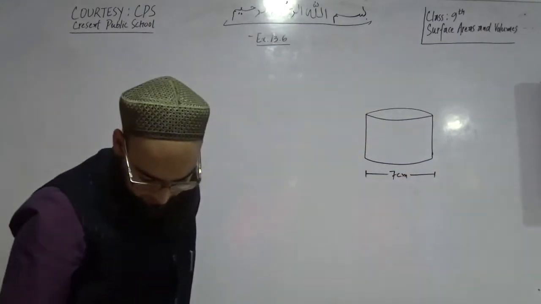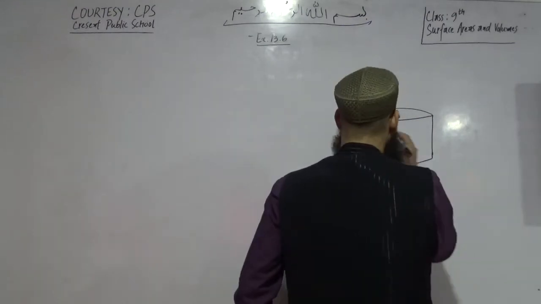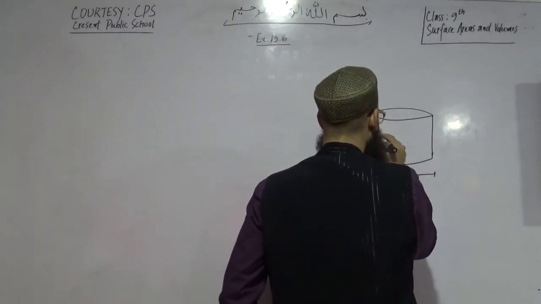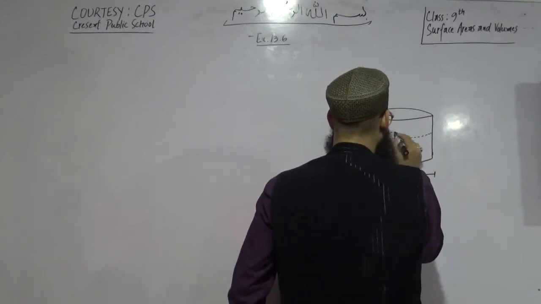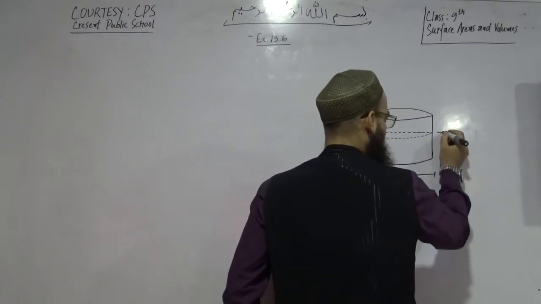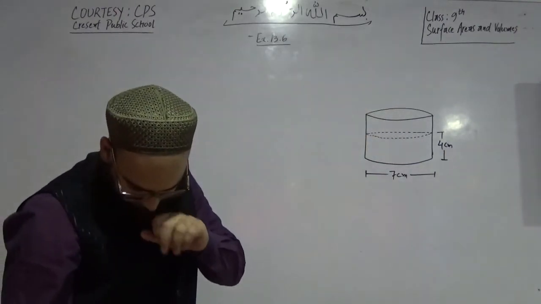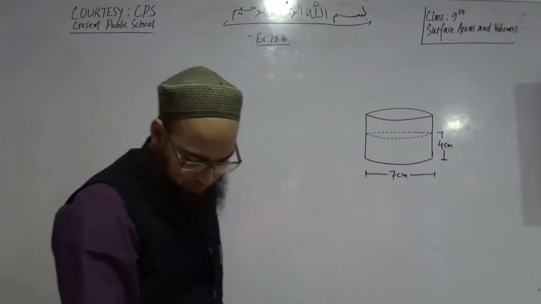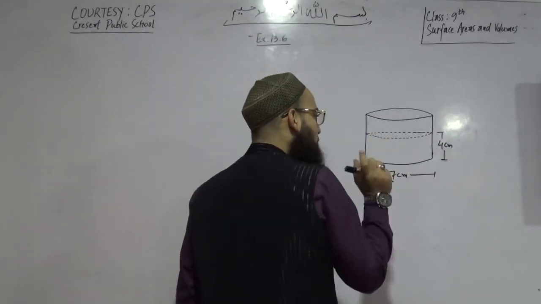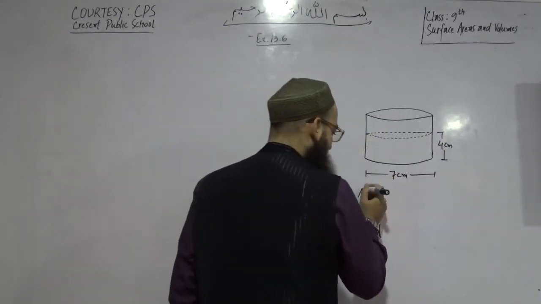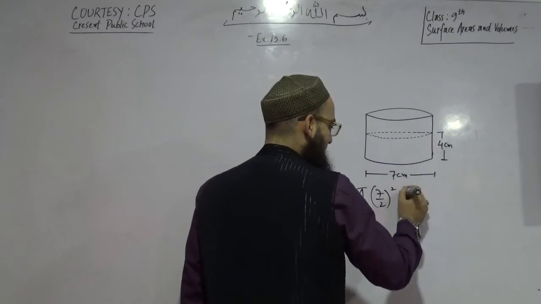If the bowl is filled with soup to a height of 4 centimeter, let us say soup is filled to this height. How much soup the hospital has to prepare daily to serve 250 patients? Now it's easy. So find the volume of cylinder up to this mark. So I'll get pi r square h. R is 7 by 2. So pi r square h is this.